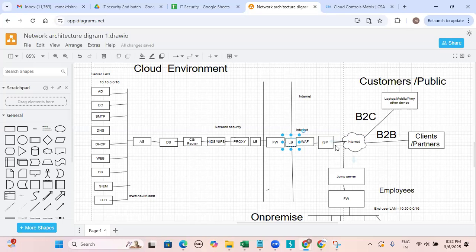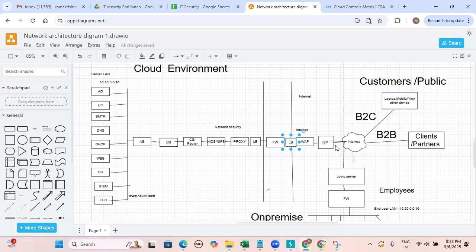We can use BYOL, bring your own license, related to Akamai, Barracuda or Imperva, or maybe any other DDoS protection solution, or maybe you can use your cloud native service provider's protection also. For example, on the Amazon side, that is called AWS Shield.